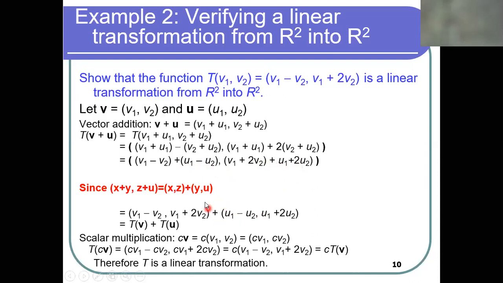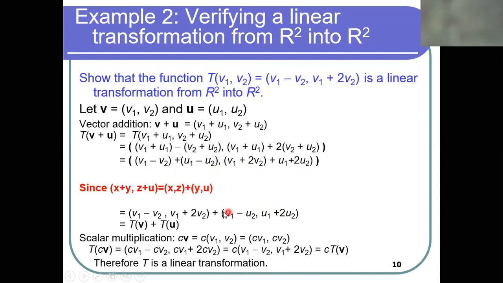So x, this is y, which is u1 minus u2, comma u. This is my u as a whole. If I relate this with x plus z, comma y plus u, I take this as a whole u.